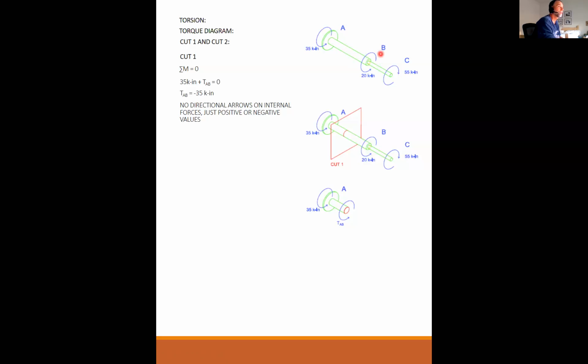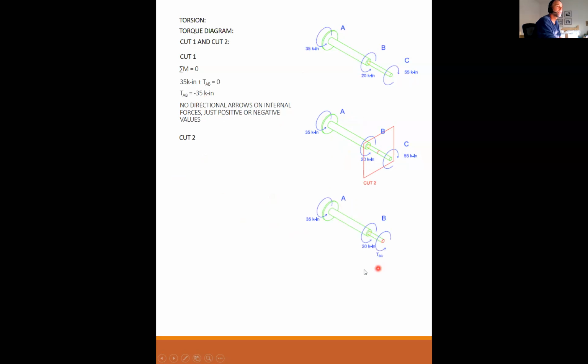But a torque is already a moment. Does that make sense? Yes, it does. Thank you. Okay. So you don't multiply this times any length because it's already in the form of a torque. So I found that the internal torque from A to B is minus 35 kip inches. Now we move to cut number 2.